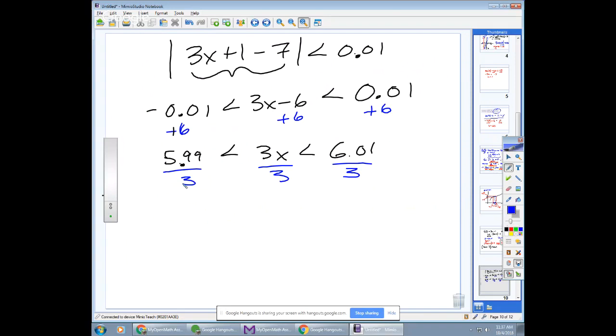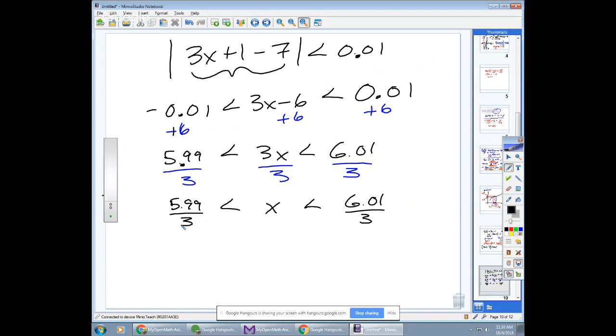And that's going to give us some unpleasant decimals, so I'm just going to leave it that way for now. So I get x is less than 6.01 over 3 and greater than 5.99 over 3. I'm leaving it as a fraction because otherwise I have this decimal I have to think about rounding, which I don't want to do right now.